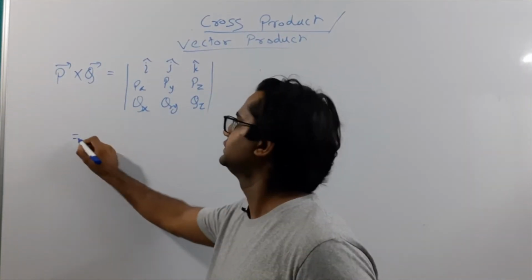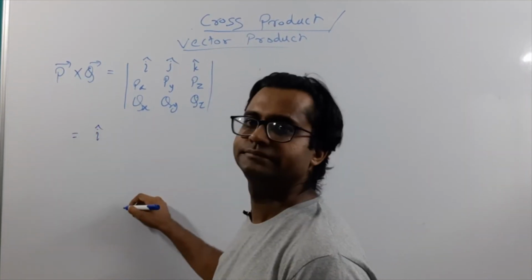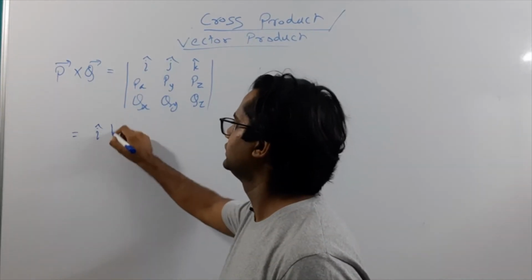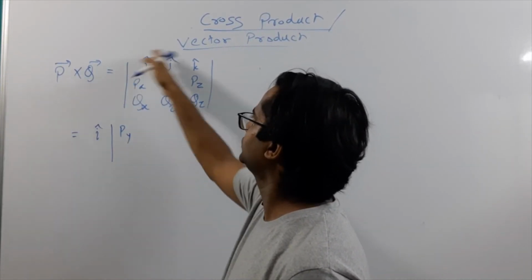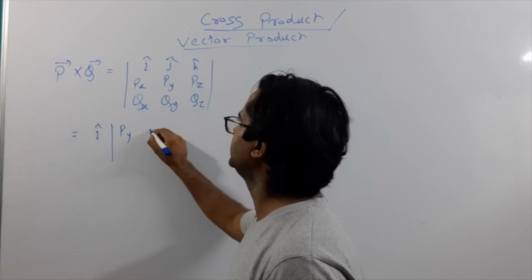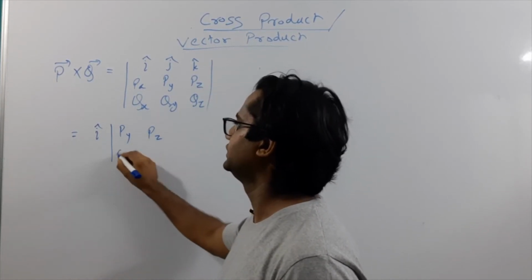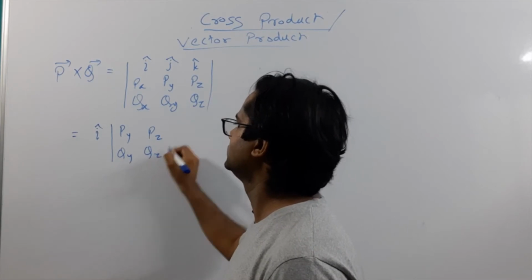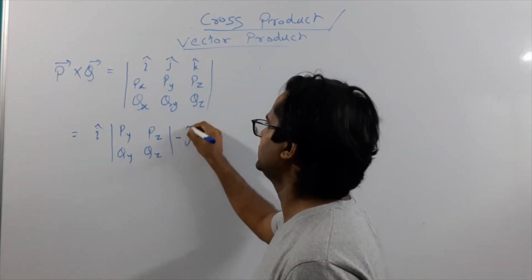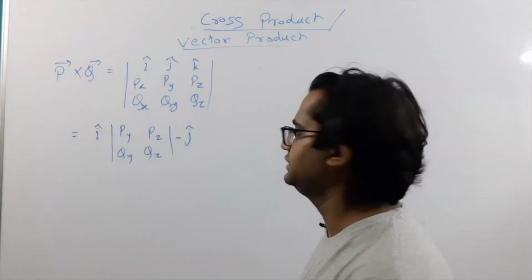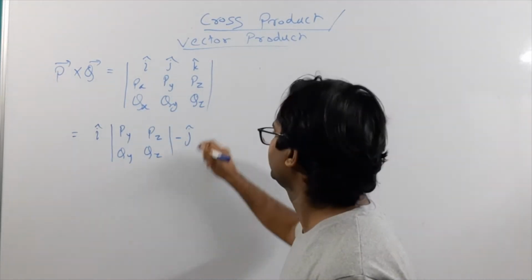Let us expand this. I cap, this is my first vector, into the determinant of this P, covering the first row and first column. What we get is Py Pz, Qy Qz. Fine. Then the middle term: we change the sign of the middle term. So instead of j we'll write minus j.